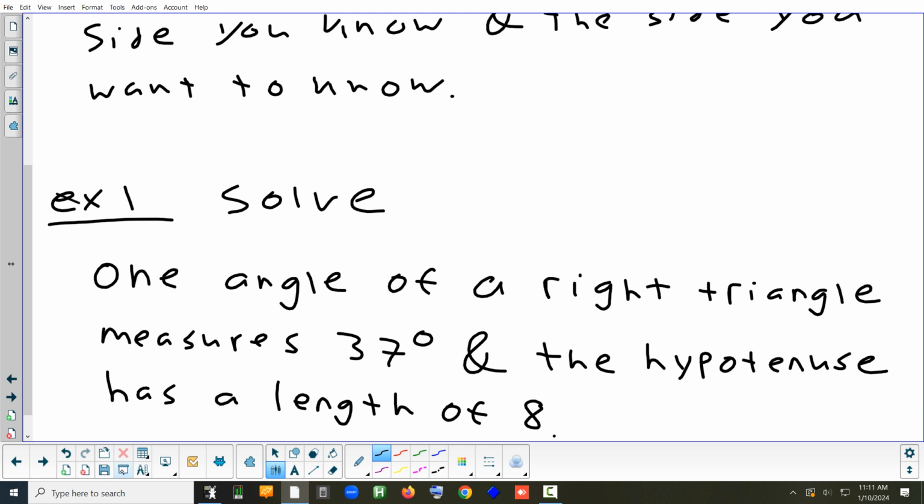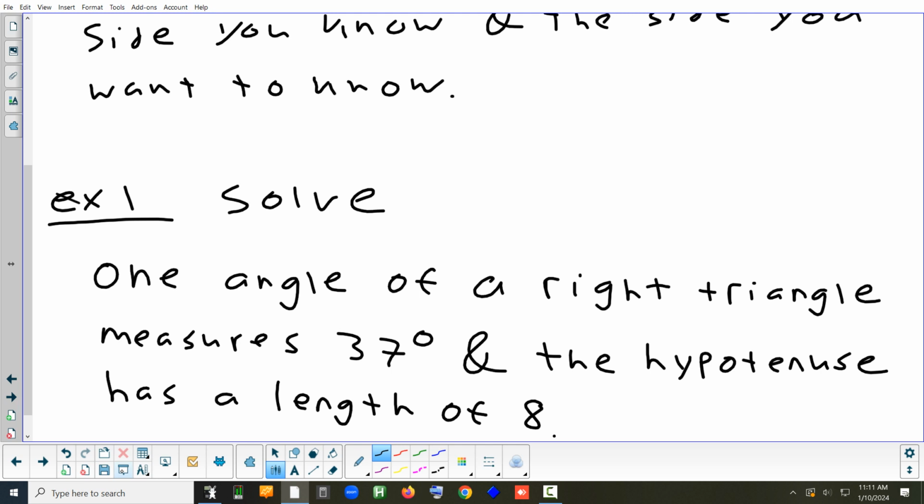Should we first take note that the other angle is 53 degrees? Okay, so we can calculate the other angle pretty easily. But before we do any calculation, something else we should do. Once we start calculating, though, that'll be the first thing we do.